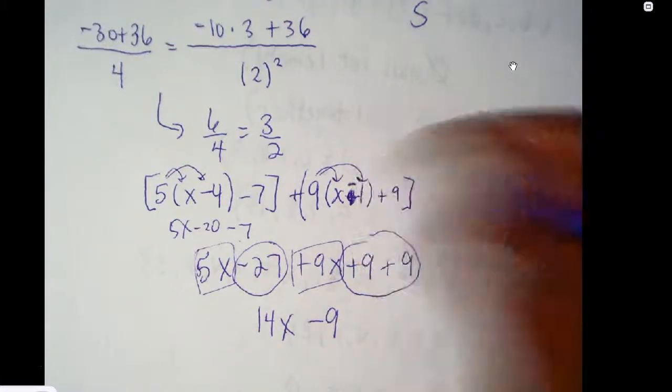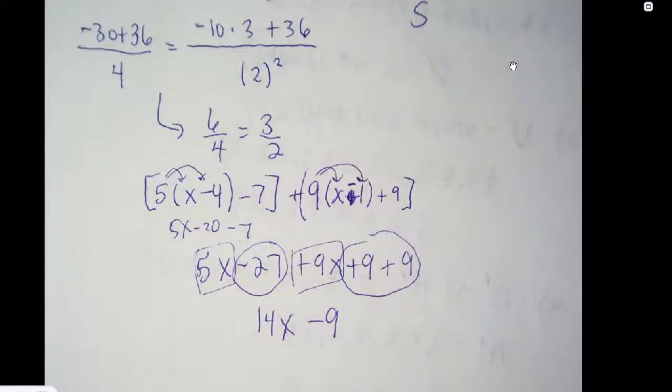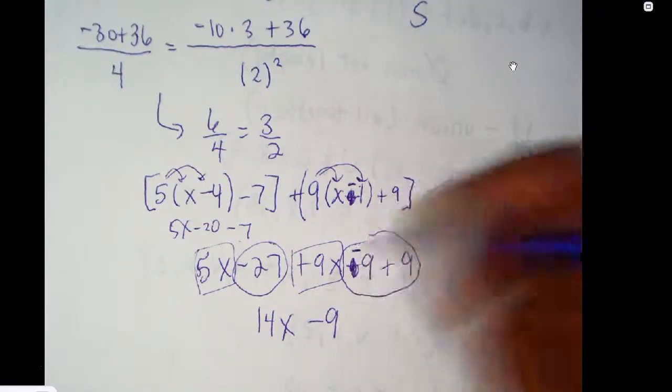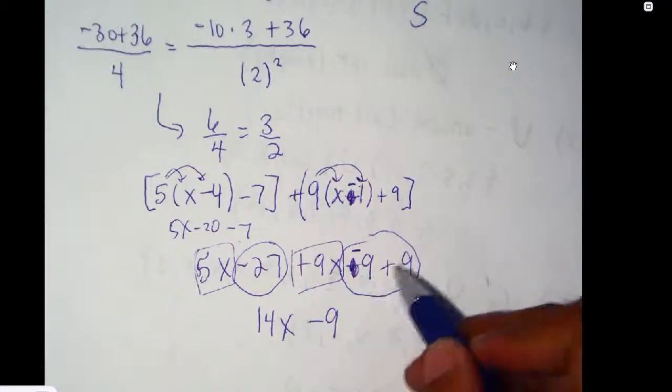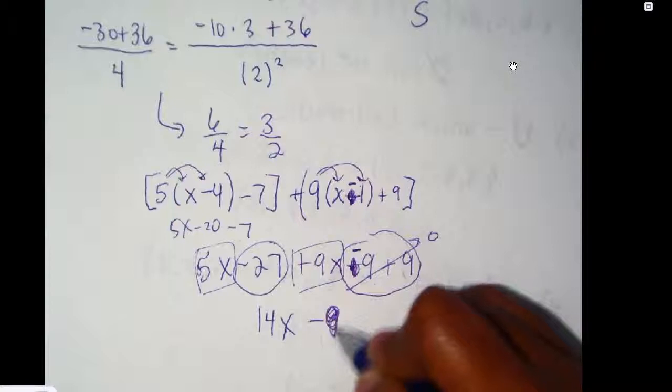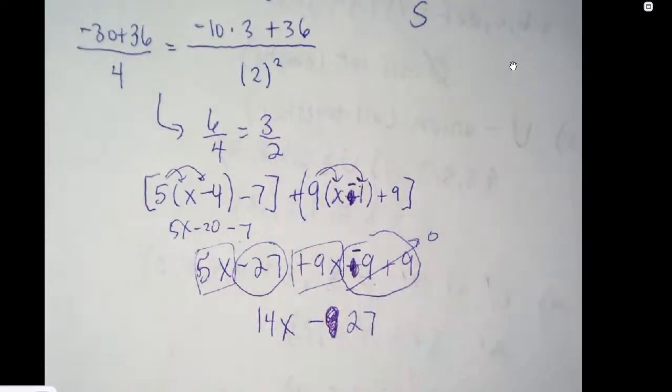I should have had a minus 1 back here, so this becomes a minus 9. So these two actually cancel out and become 0. And this negative 27 is all that's left. Okay, I have to fix that. Just be careful with your signs. I made a mistake. Okay, now let's talk about evaluating an expression.